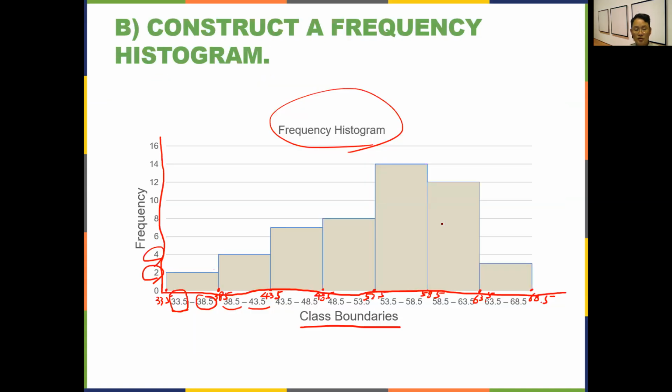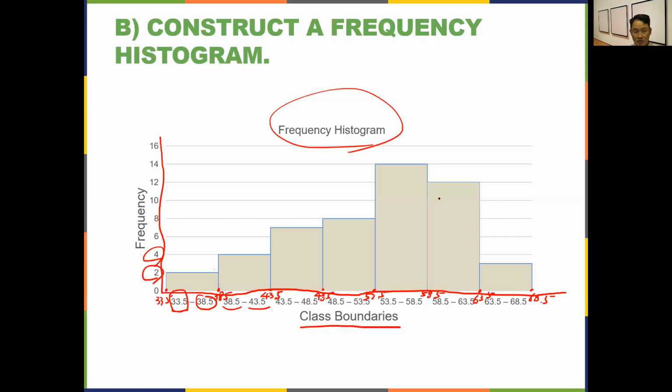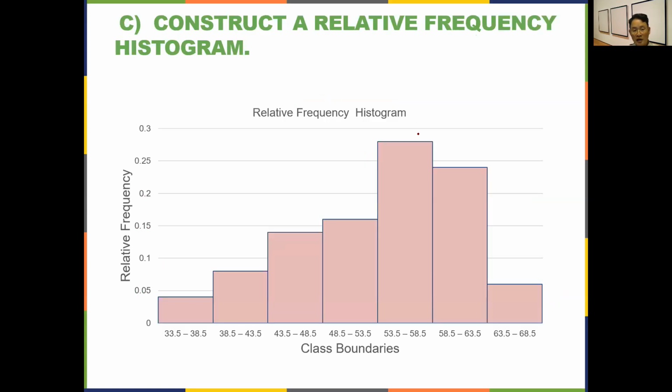So this is what it looks like. Remember, this was the frequency histogram. Now, this one is the relative frequency histogram. Besides a little bit of scale adjustment, the only thing that really changed is right here. Instead of frequency, now we use relative frequency.